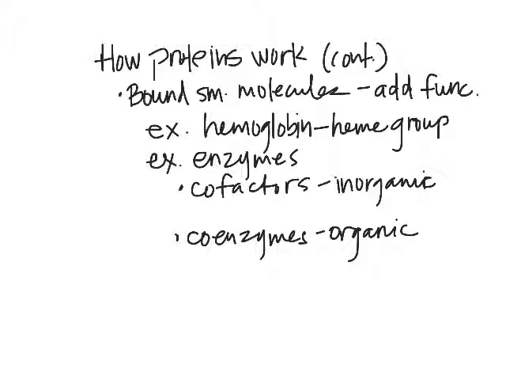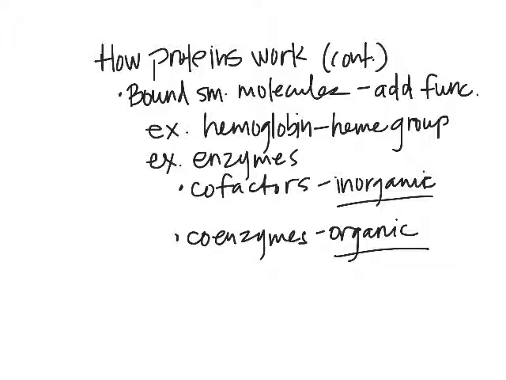And biotin, there's several forms that come from different forms of vitamin B, and these help enzymes that we'll look at when we look at transfer of energy in cellular respiration. So again, these small molecules can be necessary for an enzyme to carry out its functions. And again, the cofactors are inorganic and the coenzymes are organic.